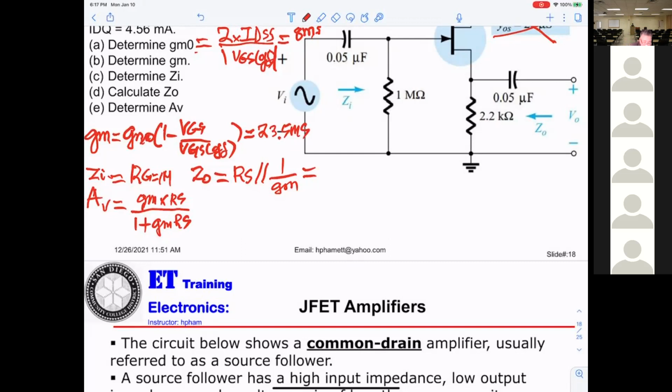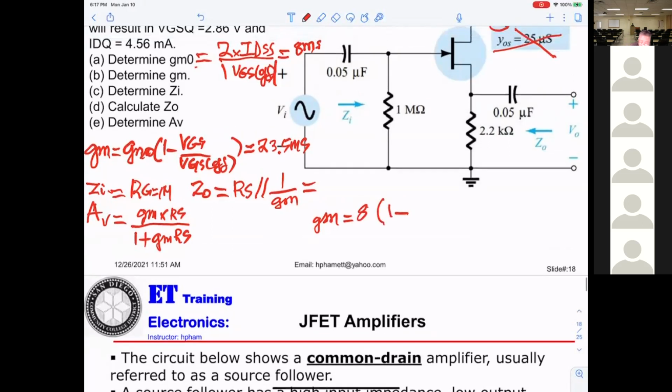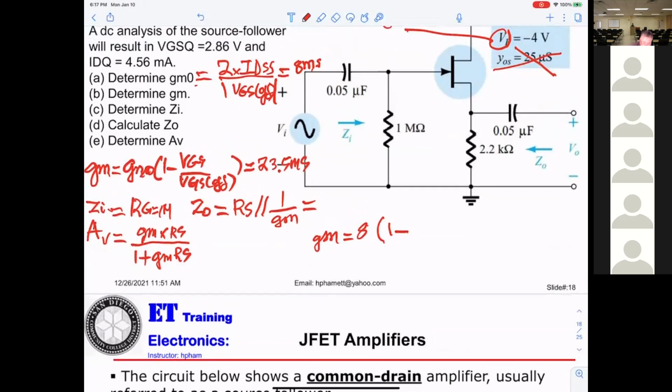Okay, so now we try. GM0, 8 milli. 1 minus VGS is minus 4, right? No, you got VGS 2.86. Up top, you got VGSQ equal 2.86 volts, in the black, up top.